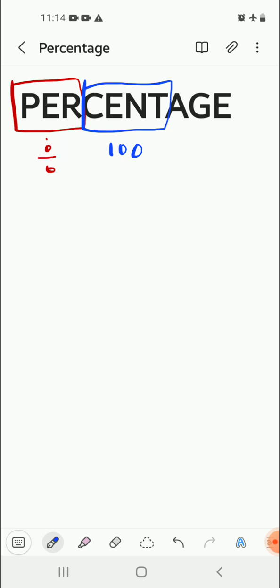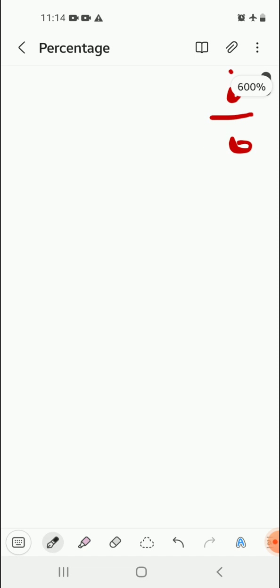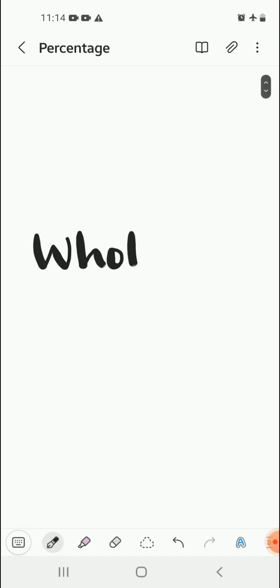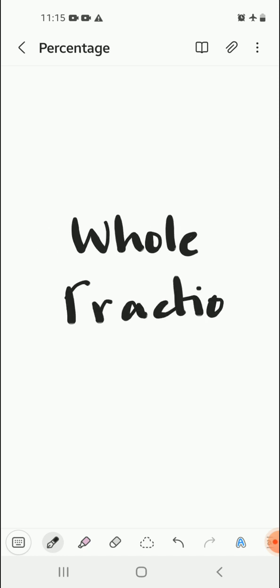Now, whenever we're dealing with percentage, a very common thing we are asked to do is this: for any kind of percentage related operation, we are given a number either in whole number form, that is 1, 2, 3, 4, any number that begins with 0 and goes till infinity, or in the form of a fraction, that is in parts, and a fraction can also be expressed in terms of a decimal.